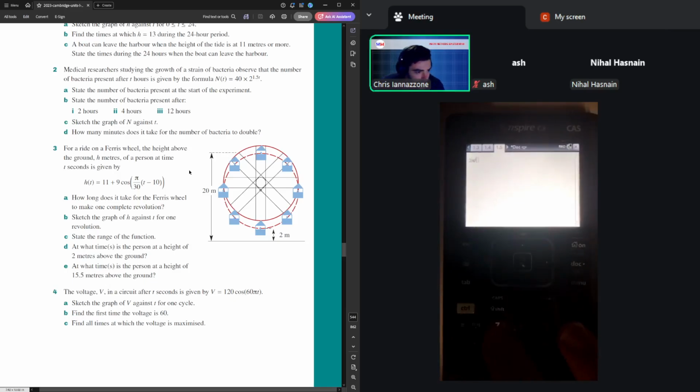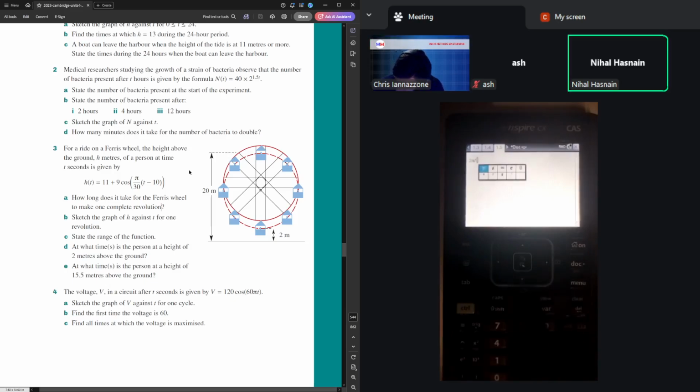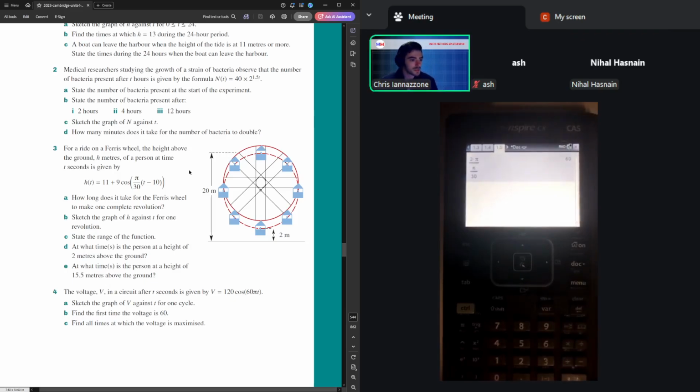Whatever that coefficient is that's attached to the x, or in this case attached to the t. So 2 pi over pi on 30 is 60 seconds, correct. We're giving seconds, of course, because that is the unit of time provided to us.